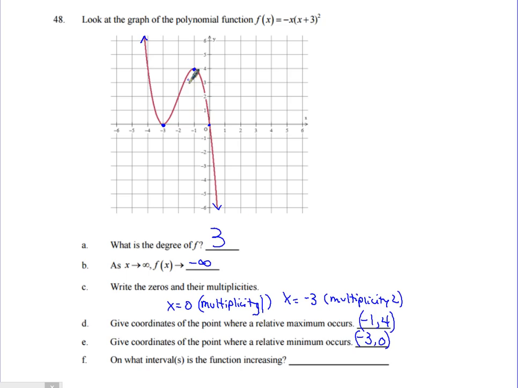Now, the county and I disagree a little bit. They say that at this point right here, the turning point, it's okay to say that it's increasing at that point. I say it stops at that point, but either way, you have to go with what your teacher says. So we only use x values from when x is -3 until when x is -1, right? So on this interval right here, depending on your teacher, you might say from -3 to -1, not including those points, or you might say from -3 to -1, including those points.